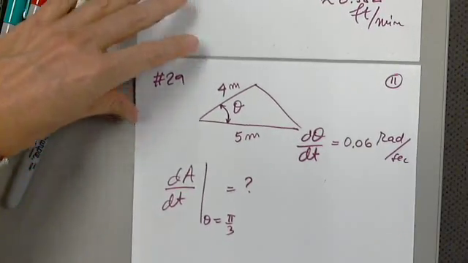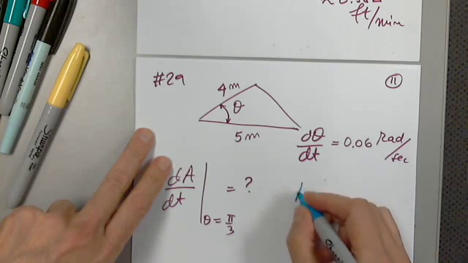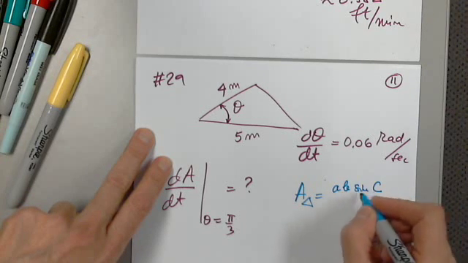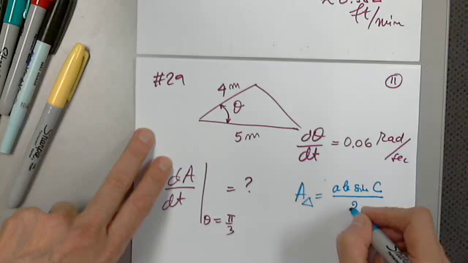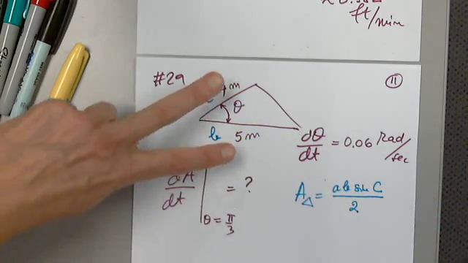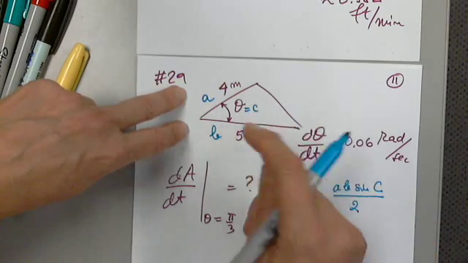Now, you may remember this from pre-calculus or not. There are 3 different ways of determining the area of a triangle. One of them is what we know, base times height divided by 2. But that's not the case here. The second one is, the area of a triangle is A times B times sine C divided by 2, where A and B are the given sides, and C is this angle in between.